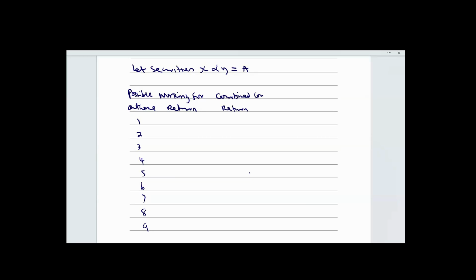Then combined probability. Then our return in this case is A. So we then have A minus A bar, A minus A bar square, then probability of A minus A bar square.